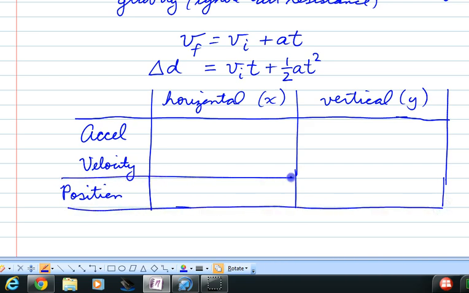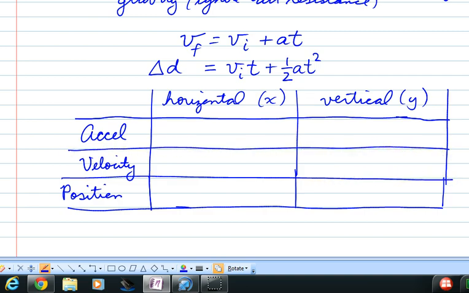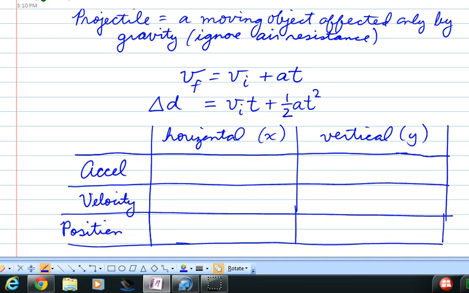Alright, so now let's think about this. Based on our definition of a projectile, it's a moving object that's affected only by gravity. So we're told to ignore any air resistance. Now because of this, we can say that it has a vertical acceleration, ay, which is equal to gravity, which is equal to negative 9.8 meters per second squared, or downwards.